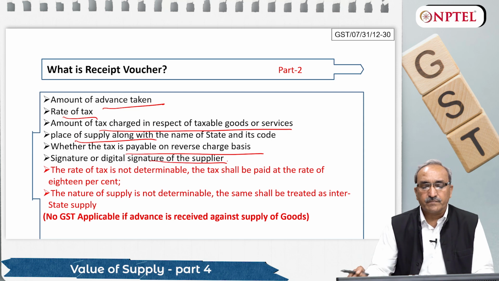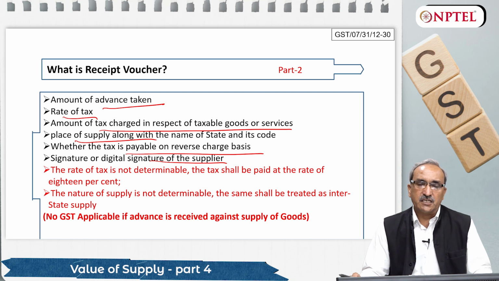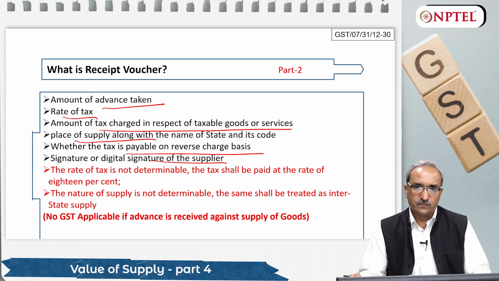Signature of that person. Because advance, if it is received in case of goods, is not subject to GST. GST will be paid only when goods are actually supplied, when invoice is raised. But in case of services, if advance is received, then tax will be paid on the advance amount also.